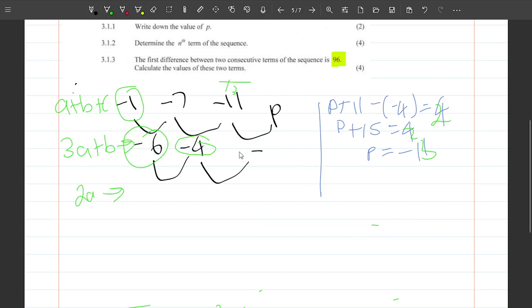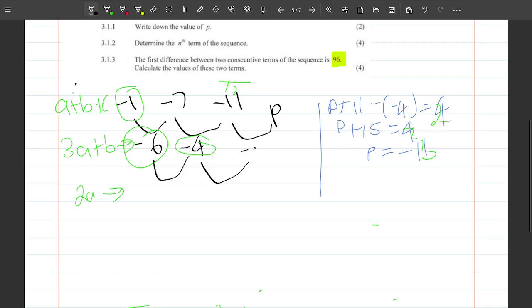So right now, I'm just going to write down the values that I already know. Here I just found my p to be negative 13, and negative 13 minus negative 11 is negative 2. So the value that I have there is actually a negative 2.